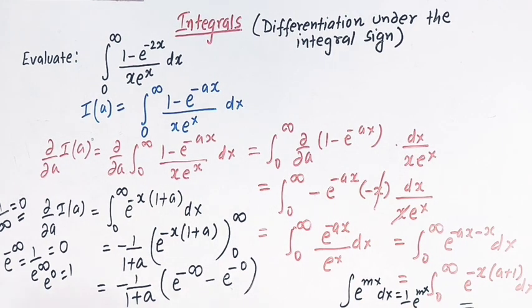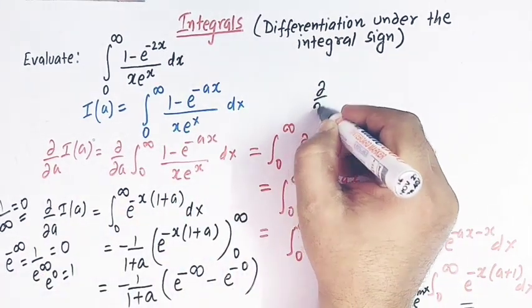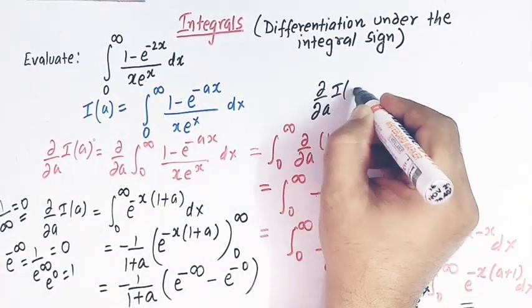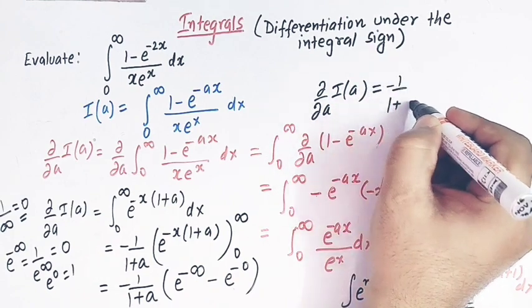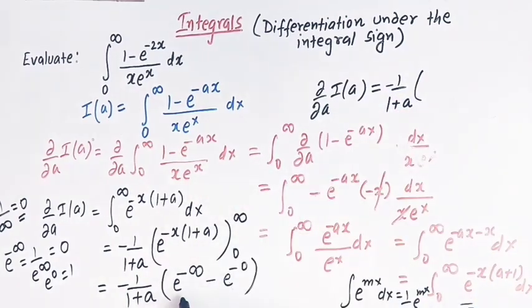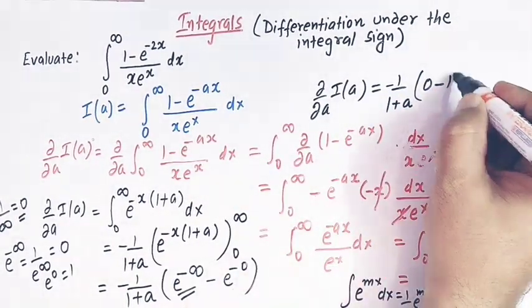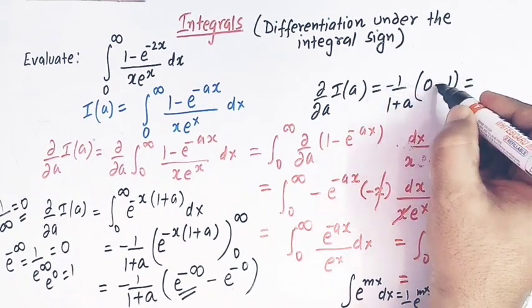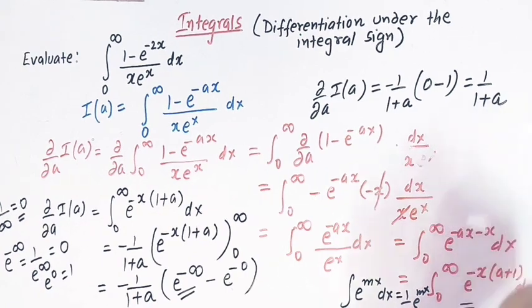So now we can write this expression, that is ∂/∂a of I(a) is equal to minus 1 over (1 plus a), times 0 minus 1. So this is minus minus plus, so we have 1 over (1 plus a).